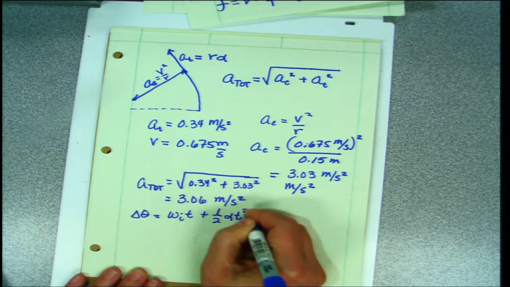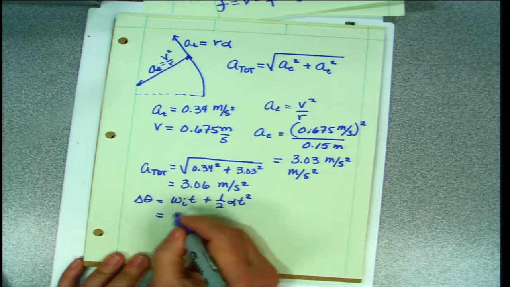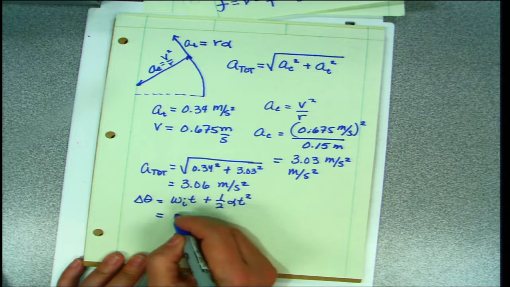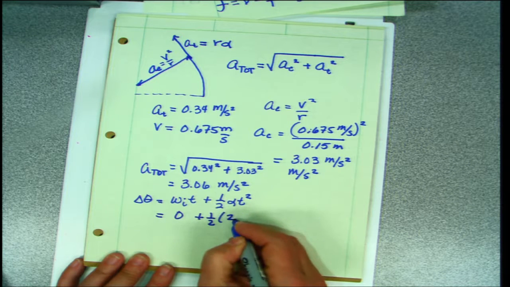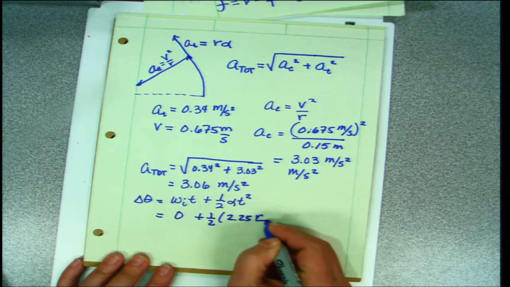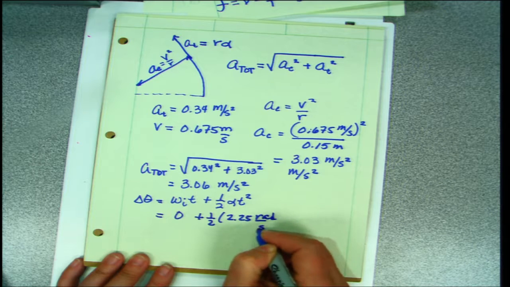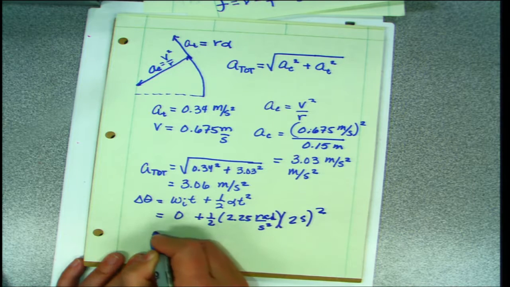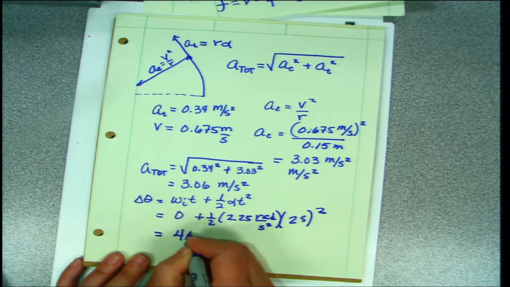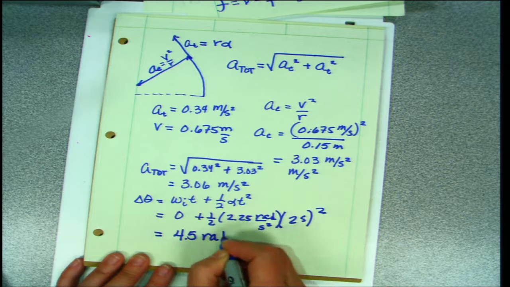If I plug that in, I get 4.5 radians. But we want to know the final position. In this case, I have to know where my initial position was.